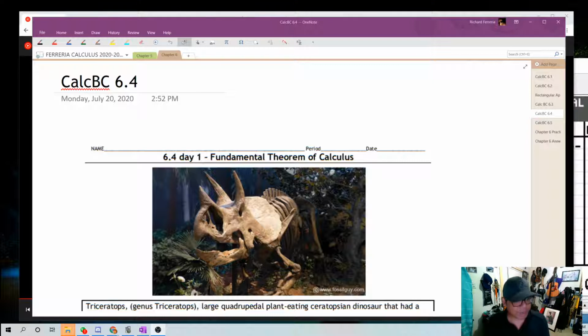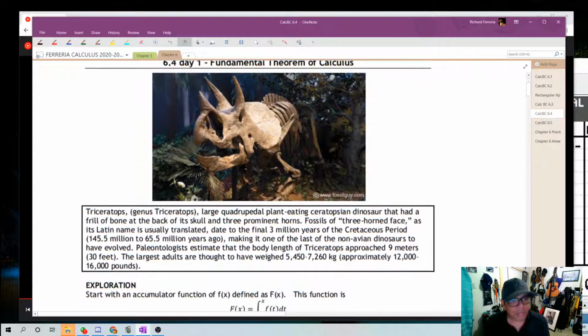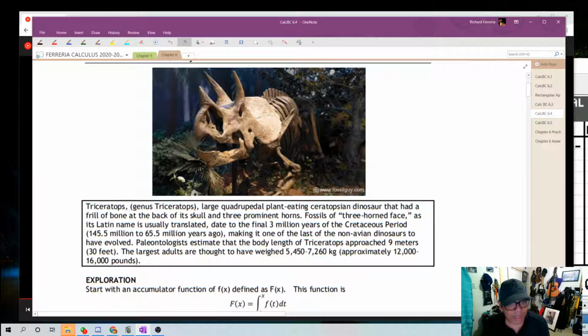We've got Triceratops, genus Triceratops, a large quadrupedal, plant-eating ceratopsian dinosaur that had a frill of bone on the back of its skull. Most of you probably know a Triceratops by now, of course.